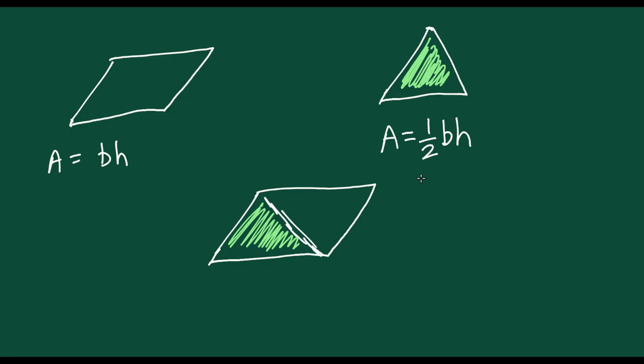Okay. So let's do a couple of practice problems with this formula. Hopefully, the area of triangles is going to be a little easier than with parallelograms, because triangles are very familiar shapes for you.